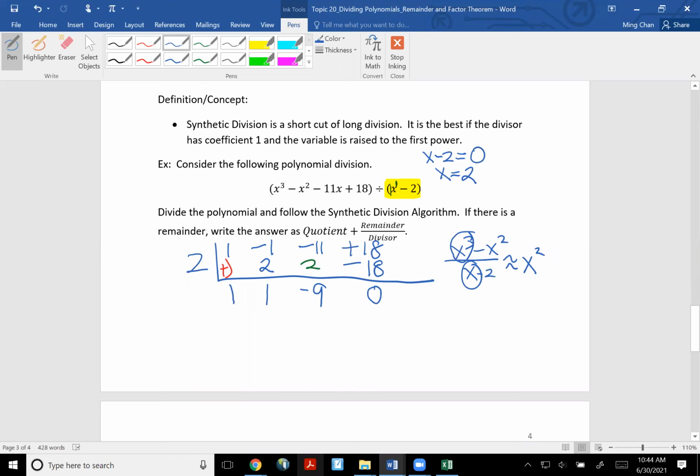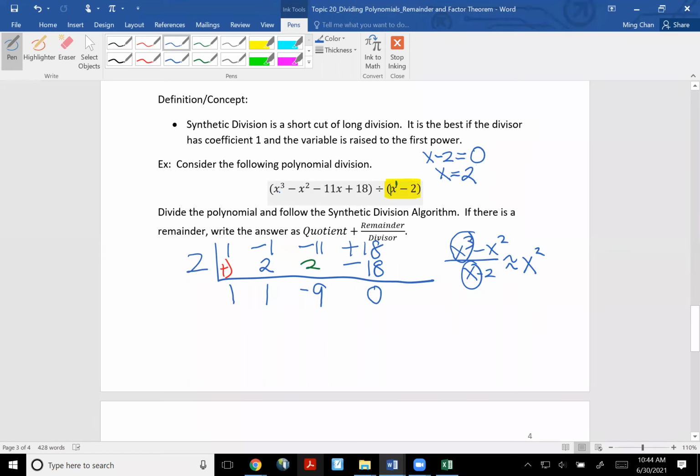So when you go through the division one time, your answer should have the exponent one place downward. x going into x to the third is about x squared times.